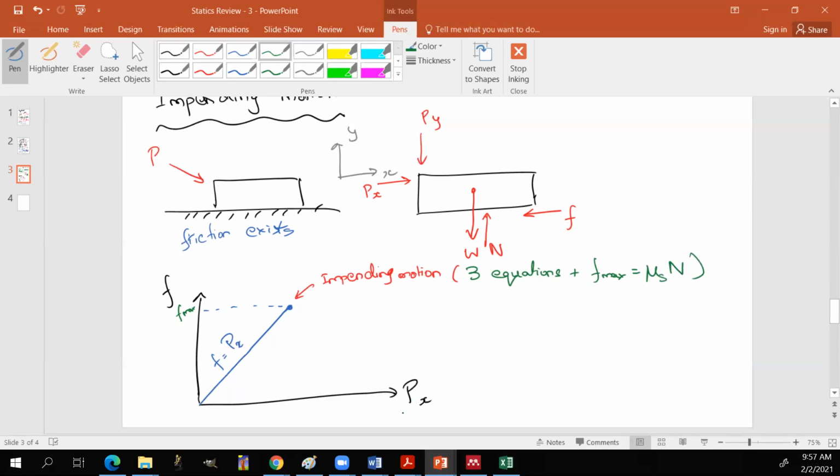Then if P keeps increasing, what happens? Beyond this point, if P increases, what happens? Friction will decline, right? And then it'll stay constant.